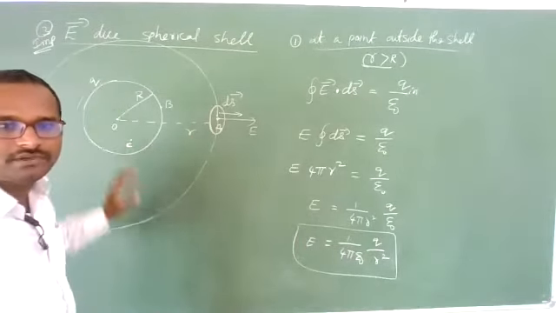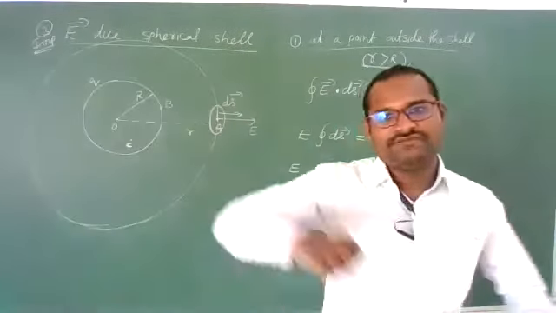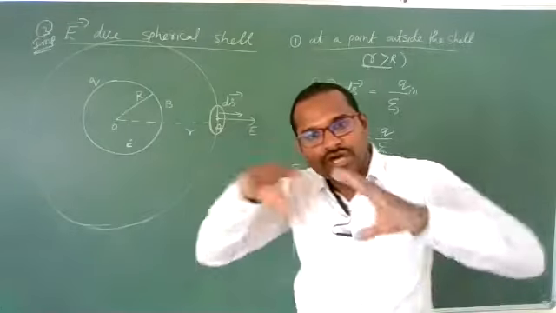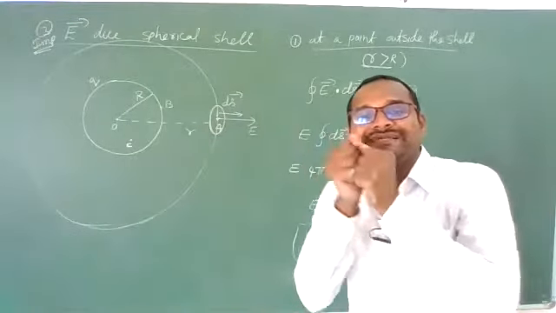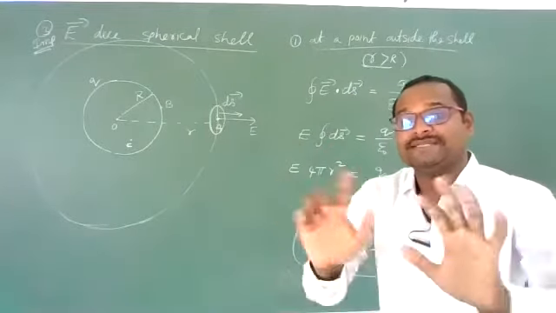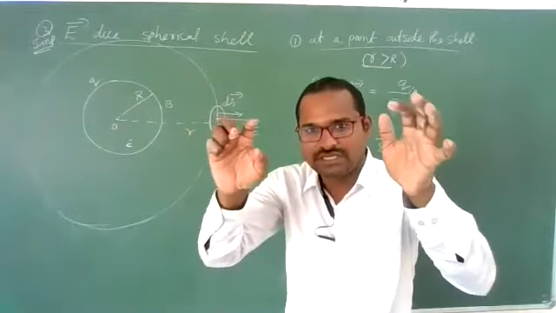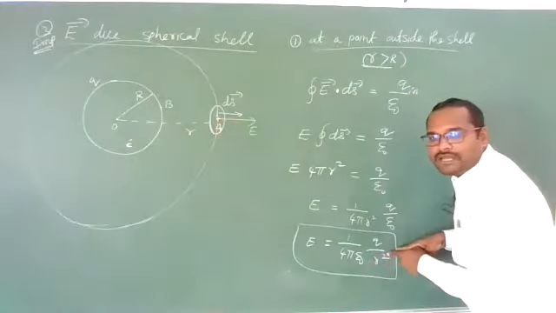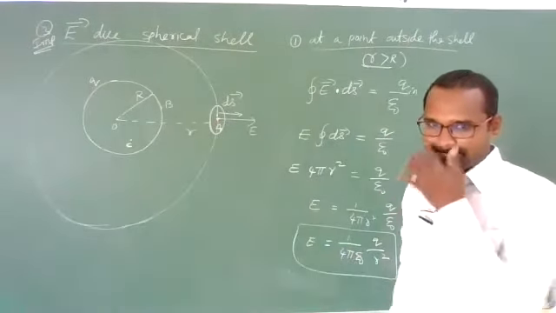That means due to a spherical shell having a charge Q, at an outside point the electric field will be the same in magnitude as the electric field due to a point charge at a distance r. For an outside point, the charge Q on the surface of the spherical shell appears to be present at the center, but it is not actually present at the center. It is present only on the surface, but according to the formula, it appears to be at the center. Remember it like this.